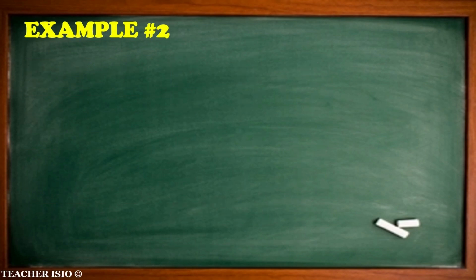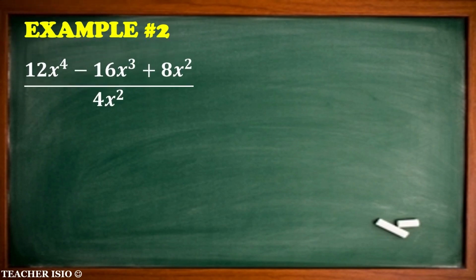So now, let's have example number 2. We have 12x raised to 4 minus 16x cubed plus 8x squared all over 4x squared.